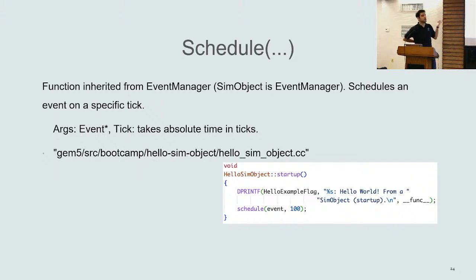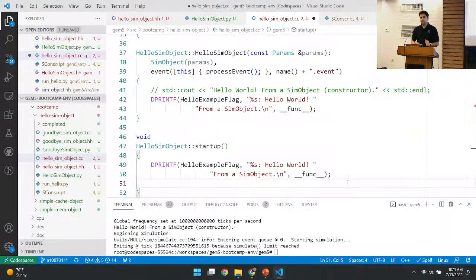So you can communicate to the simulator that I want to schedule some event at some specific tick. I want you guys to have this in mind, that the tick that you pass to schedule should be expressed in the global sense, or in the global simulator time. So we're going to have a few function calls that gem5 provides us to be able to describe what we have in mind relative to some absolute time that gem5 gives us. But now let's go back to startup function and schedule the event for tick 100.